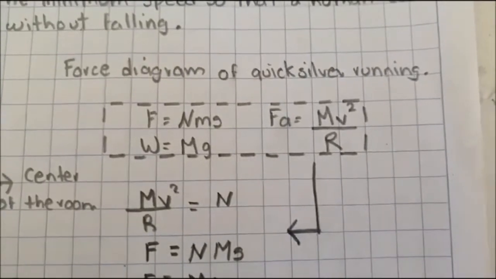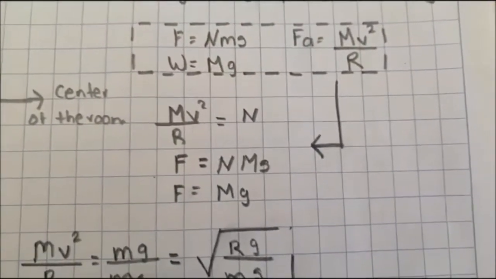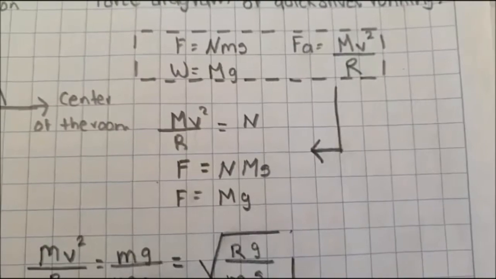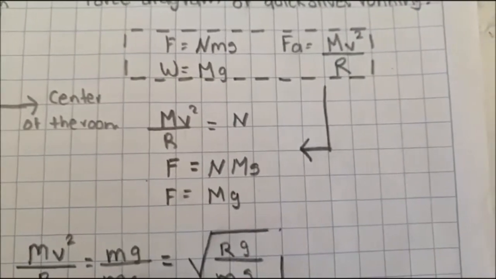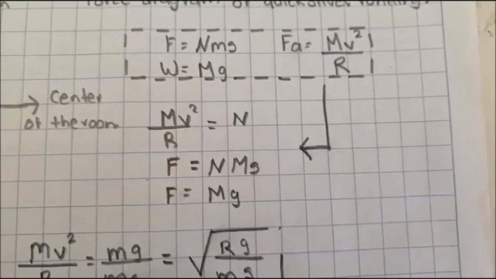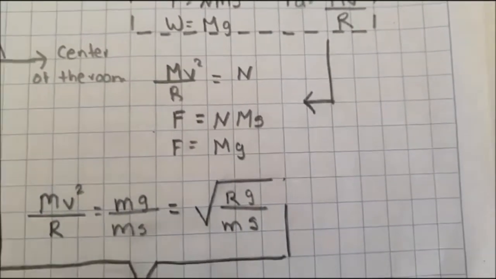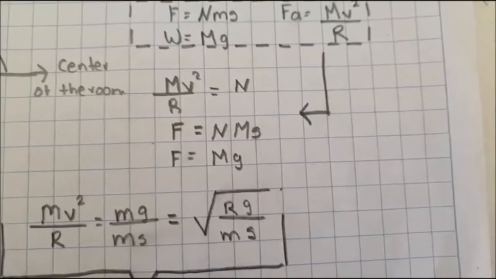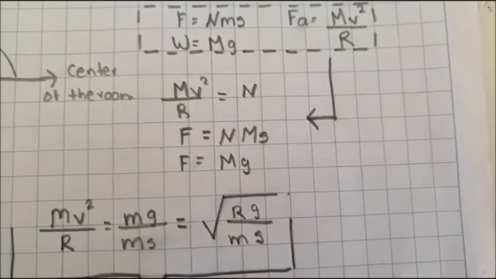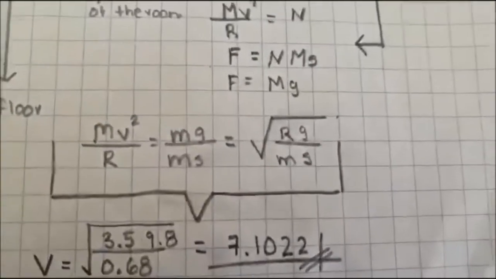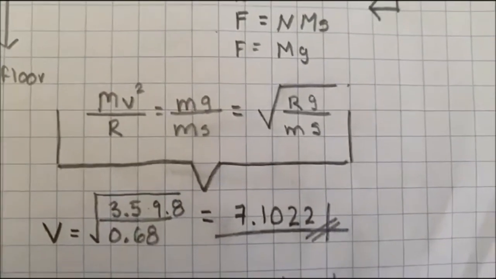Those formulas will be replaced by these ones, where Fa equals N, and N times mu s is the friction. So we develop the formula, and see the result.